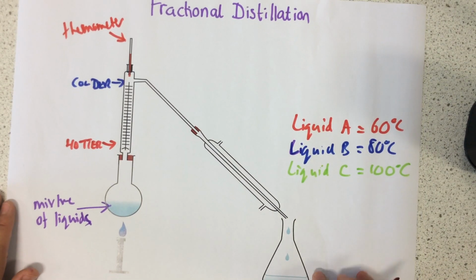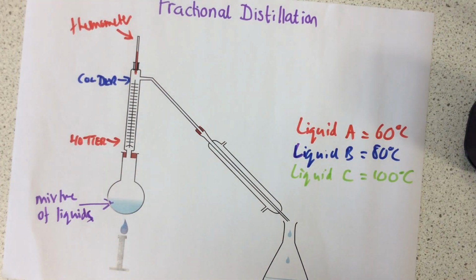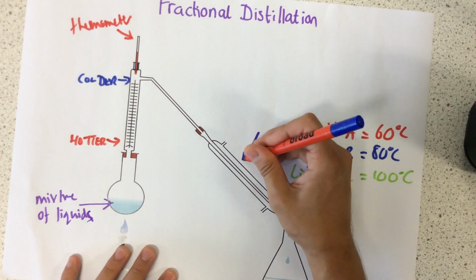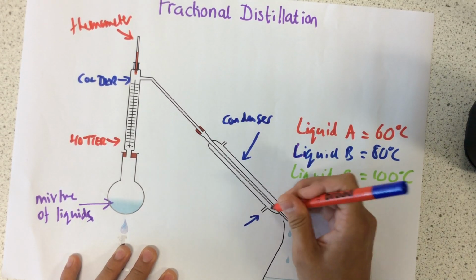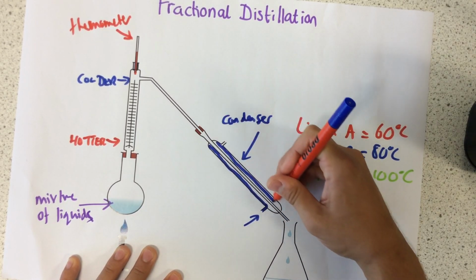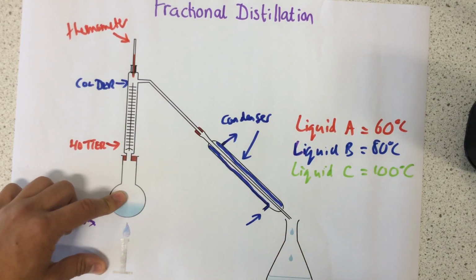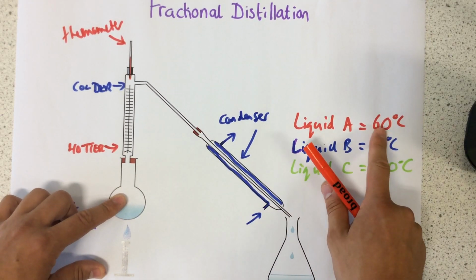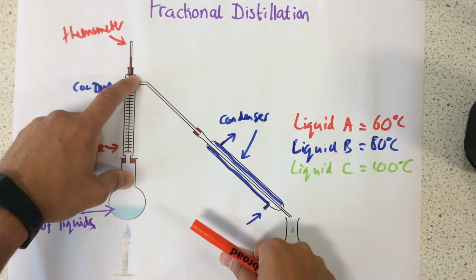So what will happen is, stage by stage, each liquid will come out. Just the same as before, this is the condenser, and the condenser works in the same way by condensing the gas and turning it back into a liquid. So the first liquid that's going to evaporate is going to be liquid A. It's going to travel up the column and travel down here.